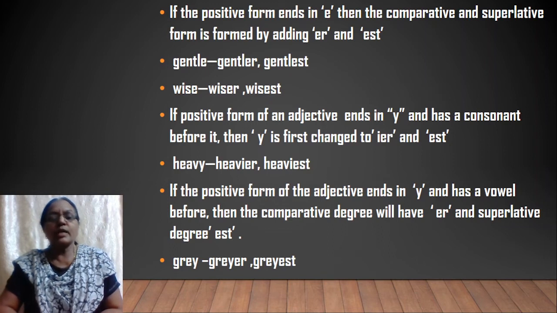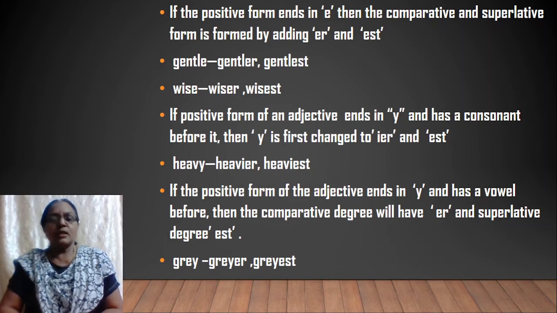Here gentle was a positive form, it is ending in E. So the comparative form of gentle is by adding an ER, it becomes gentler and gentlest. Similarly, wise, the comparative form of wise is wiser, and superlative form of wise is wisest.